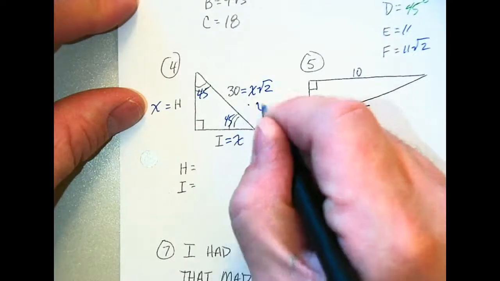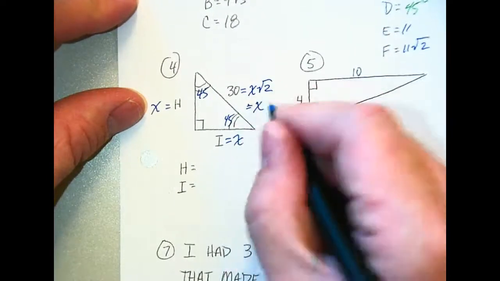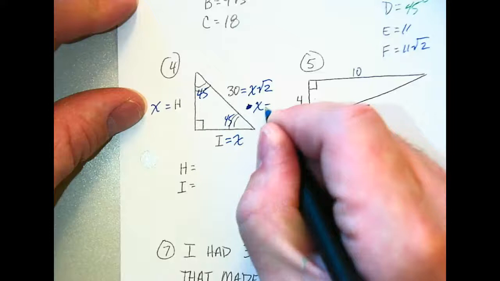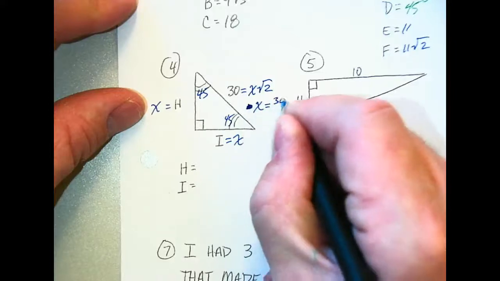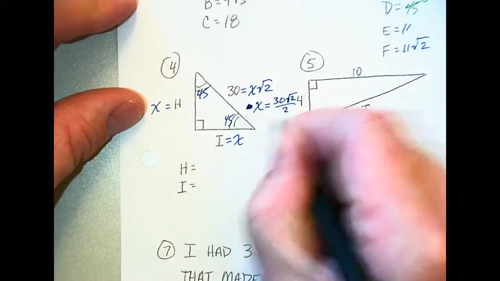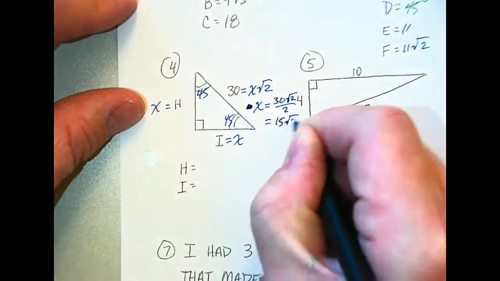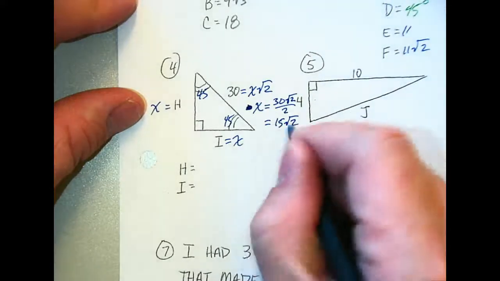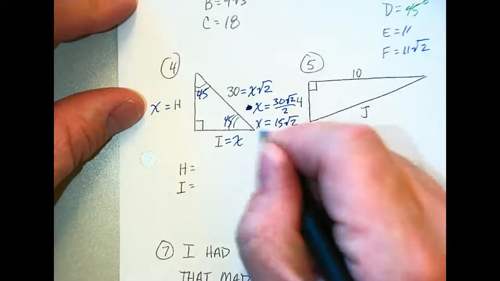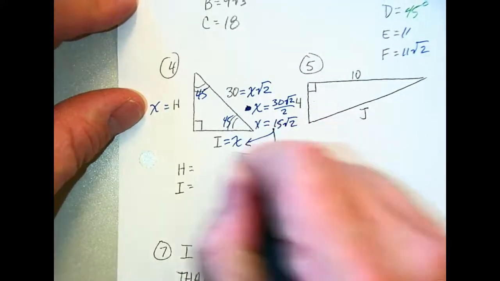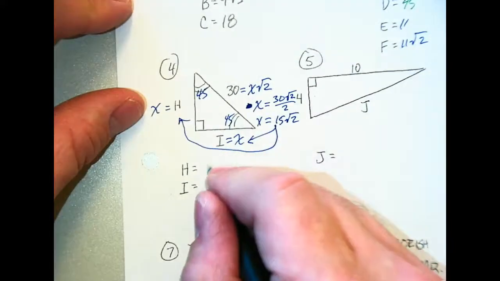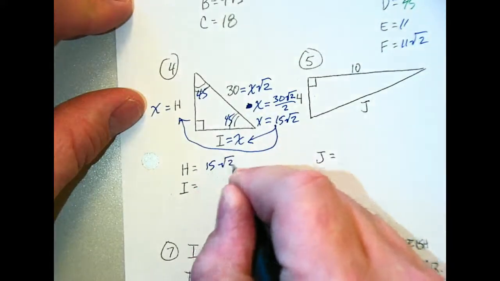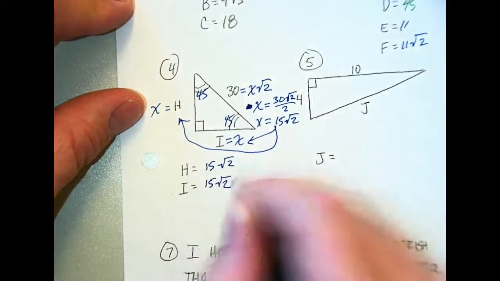Here x equals 30 root 2 over 2. Or, good job, 15 root 2. So if x equals 15 root 2, that means that equals 15 root 2 and that equals 15 root 2. So we use what we know to solve for our variable.